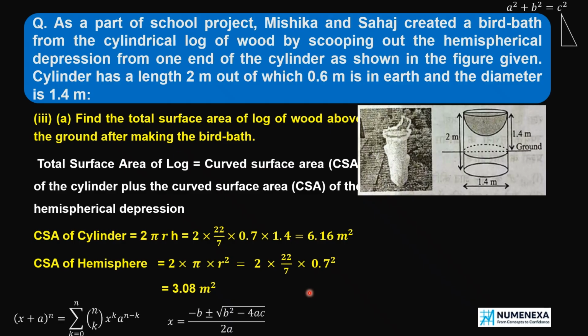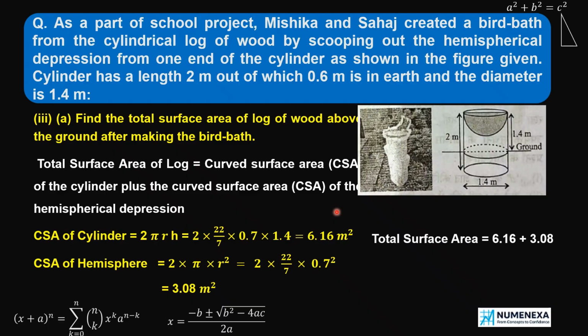Now we have got the curved surface area of the cylinder and the curved surface area of the hemisphere. Recall, the total surface area of the log is equal to the curved surface area of the cylinder plus the curved surface area of the hemispherical depression.